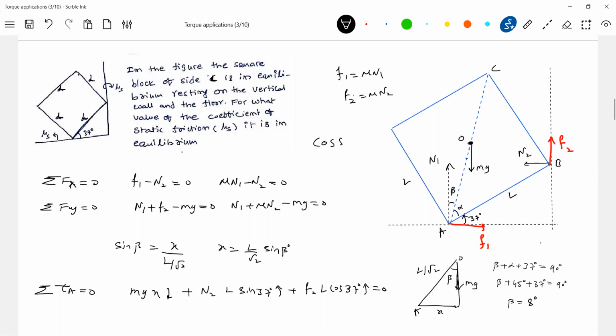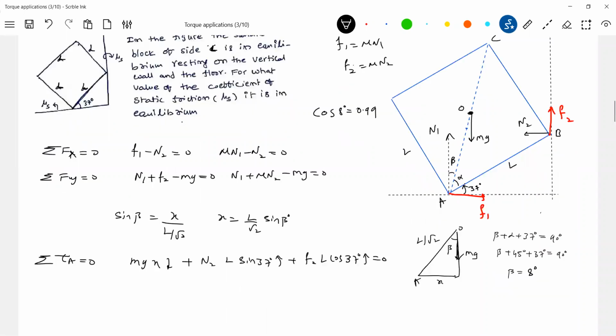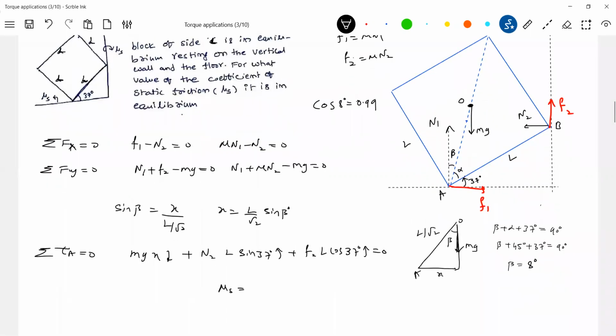Cos of 8 degrees is equal to 0.99. Take help of this one. So the answer will come around. Mu will be 1 by 7.